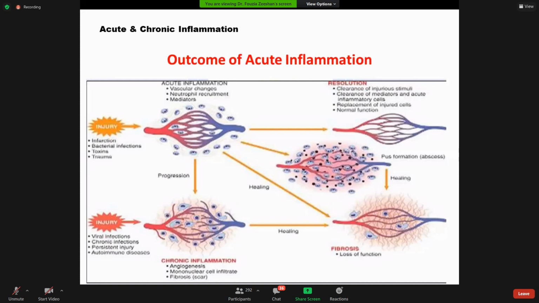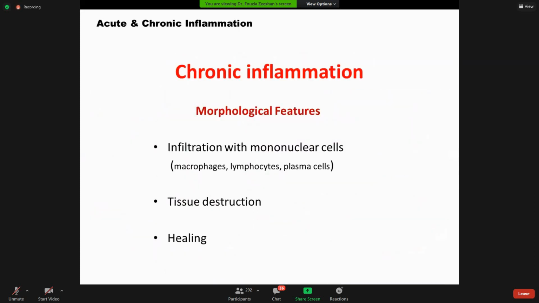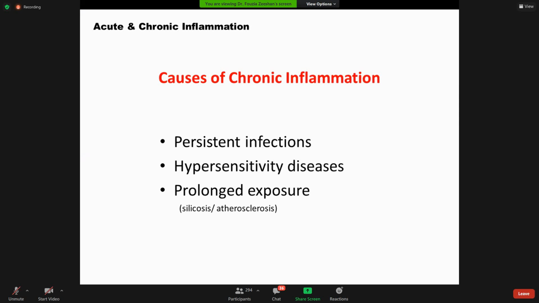So these are the different fates of acute inflammation. Chronic inflammation, I have told you, consists of macrophages, the main important cells, lymphocytes, and plasma cells. There is tissue destruction or healing. Usually in chronic inflammation there is a greater amount of tissue destruction.